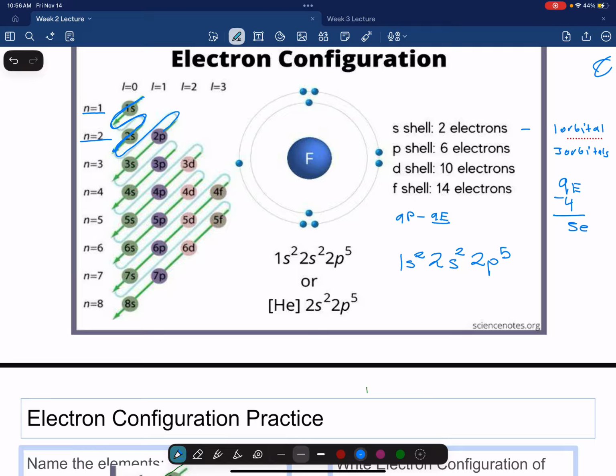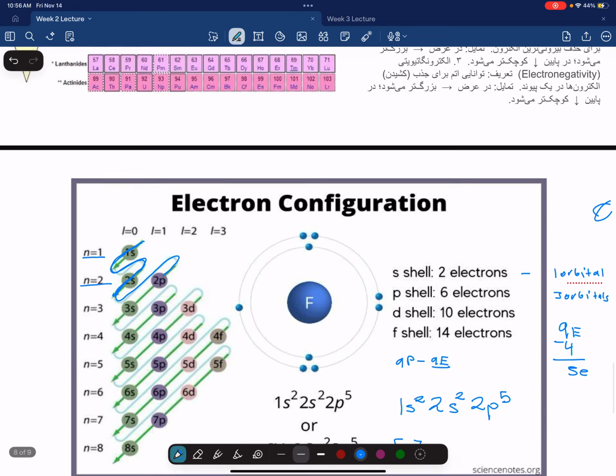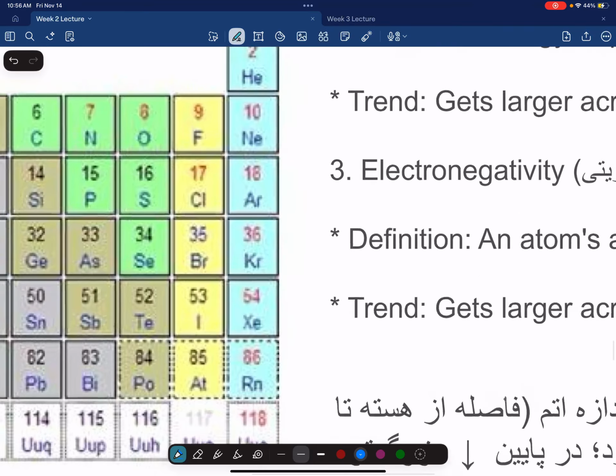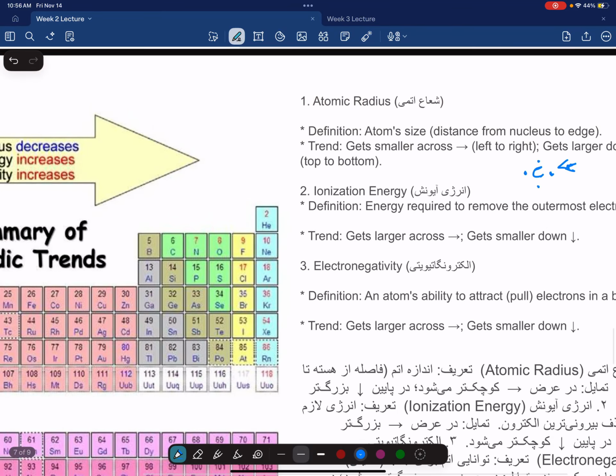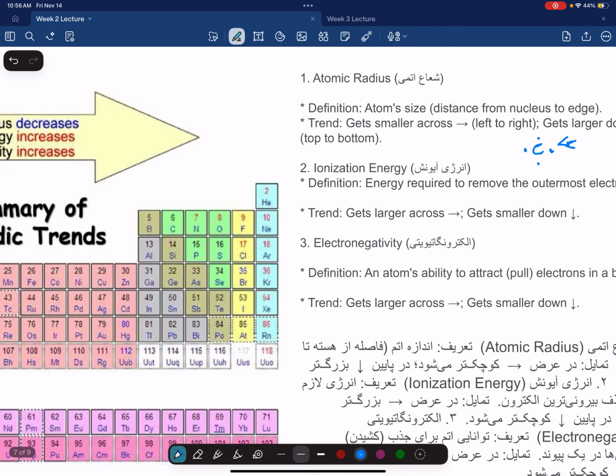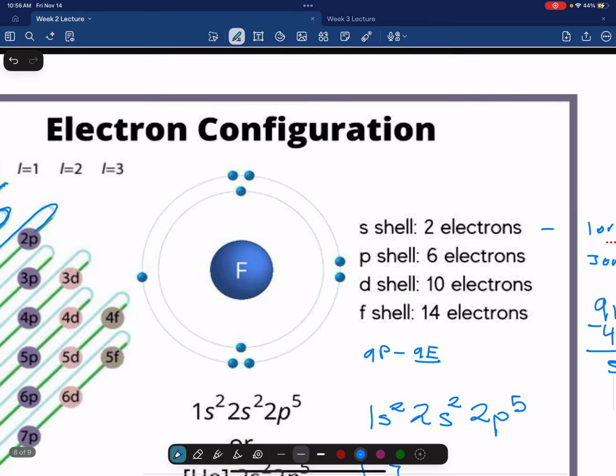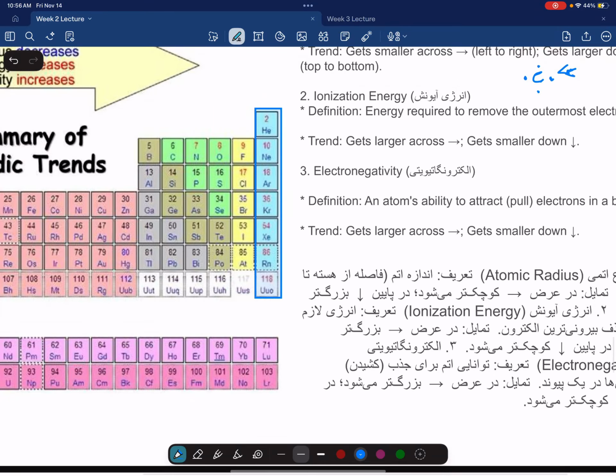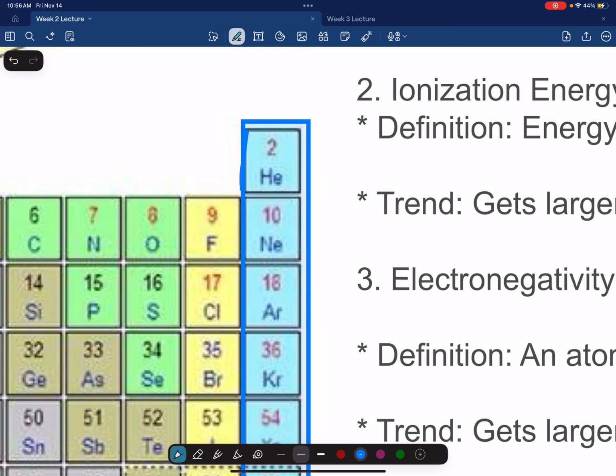But for every single electron that you have, if it has the same number as a noble gas, so these are our noble gases, they're going to be on group 18. So it's going to be something like helium, neon, argon, and all of these. So if you have 2 electrons, and you look at our noble gases, that's going to be helium.